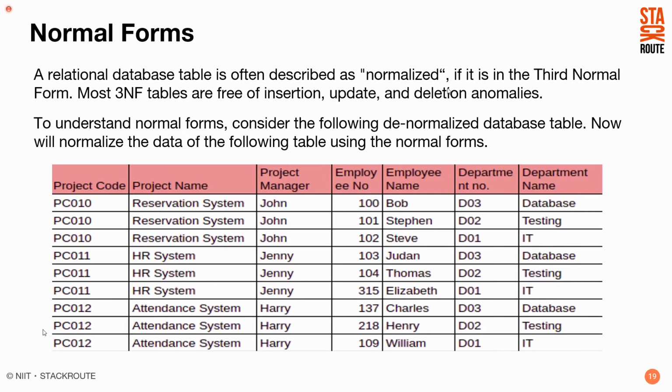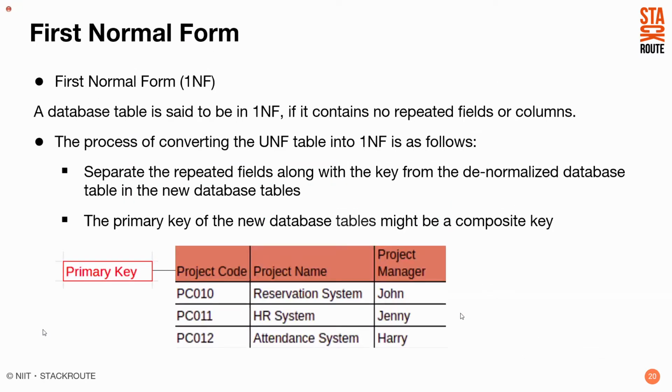I don't want to comment on the entry point. Employee number is a primary key. So let's assume there is an employee table. I can refer to the primary key as employee number, but the problem is other data are getting repeated. To overcome it, I have to apply normalization, the normal forms. So the first normal form: the database is said to be in first normal form if it contains no repetitive fields and columns.